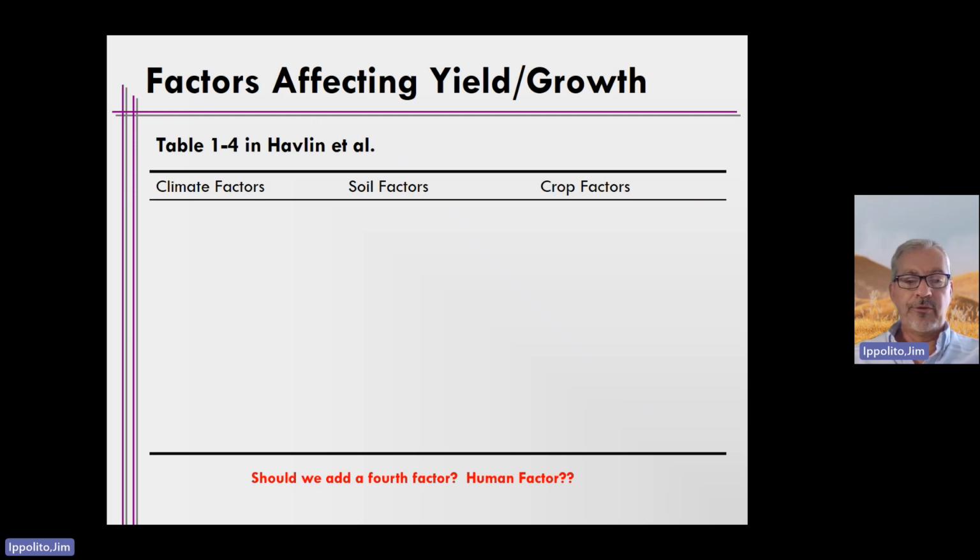The fourth factor is human. And we do a pretty good job of manipulating systems or ecosystems or agroecosystems. And sometimes we make oopses. What if you started tilling your soil and your implement broke down in the field and you couldn't get back to it for a couple of weeks and you couldn't plant?